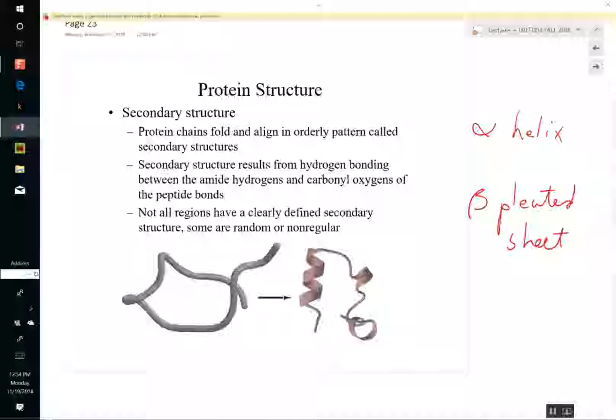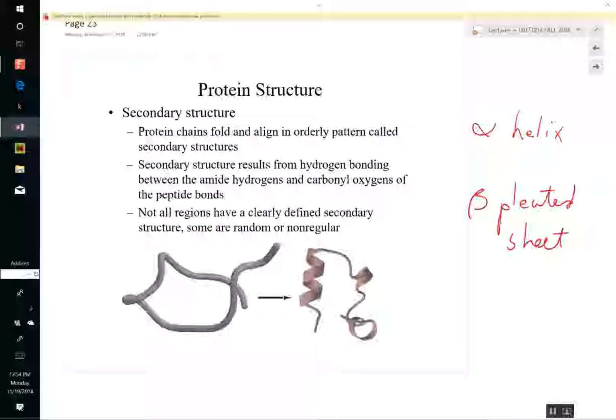This involves hydrogen bonds, and they are from one of these NH groups to one of these. Not this one to that, but one of these to four or five amino acids down, about four amino acids away. This hydrogen will hydrogen bond with the carbon-oxygen double bond.